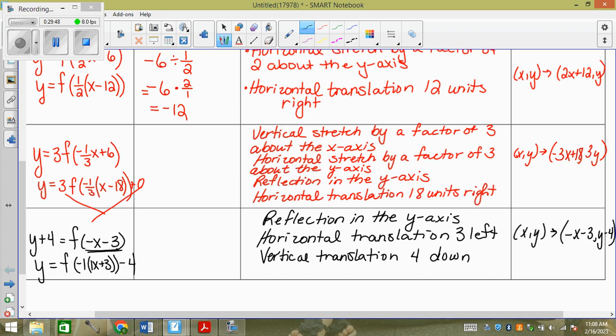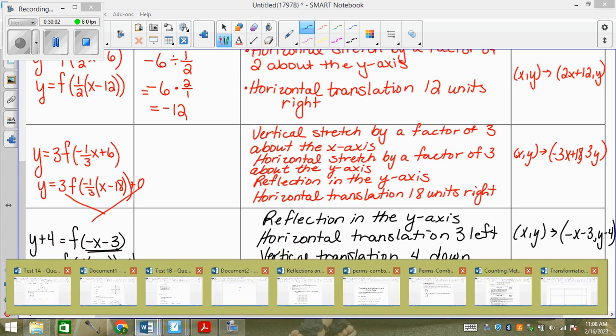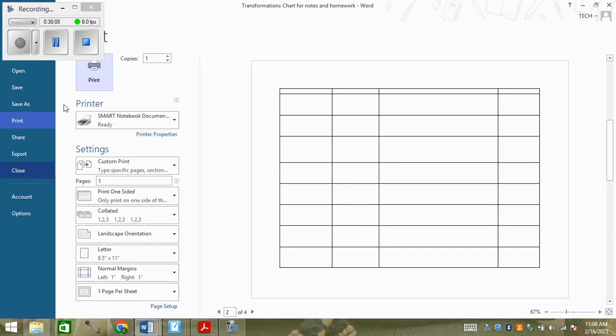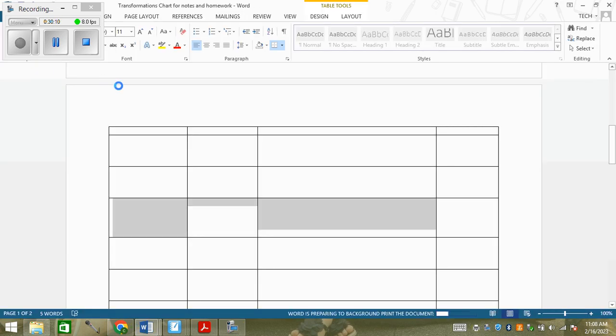Okay. Go to your new page. You see there are 5 equations on the front page? Okay. So there's 5 blanks. I'm going to now give you possibly a mapping and then you have to come up with the equation in the words, or the words, and you have to come up with the equation in the mapping.